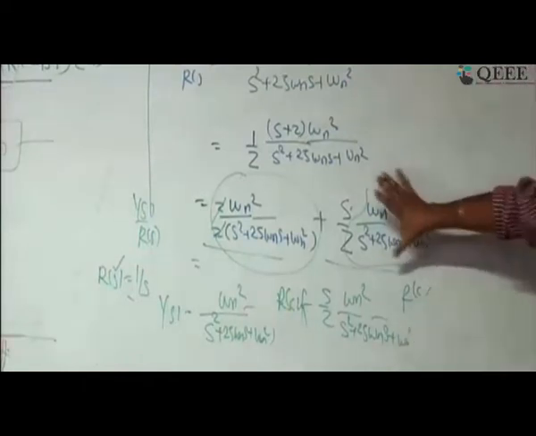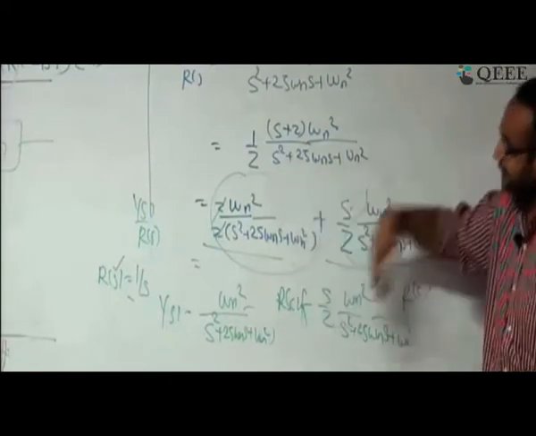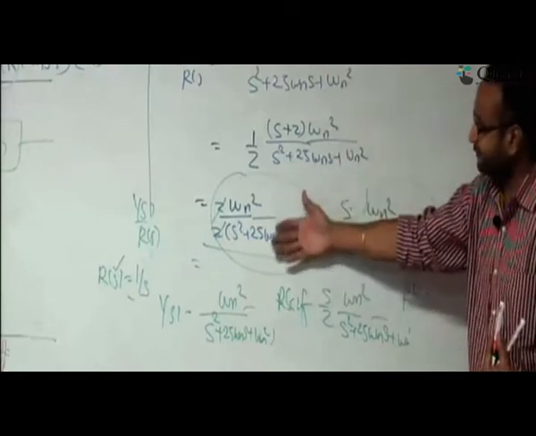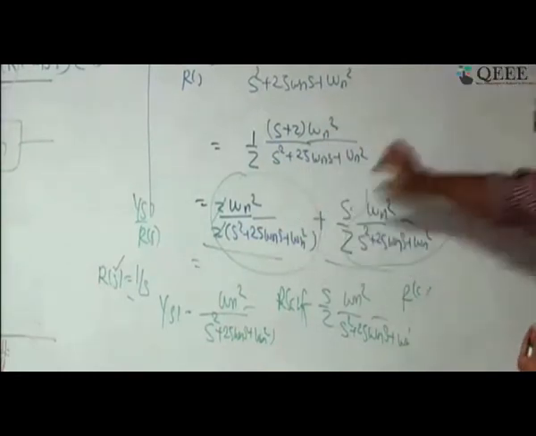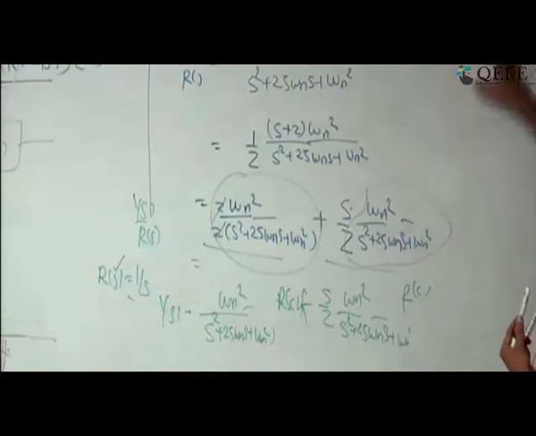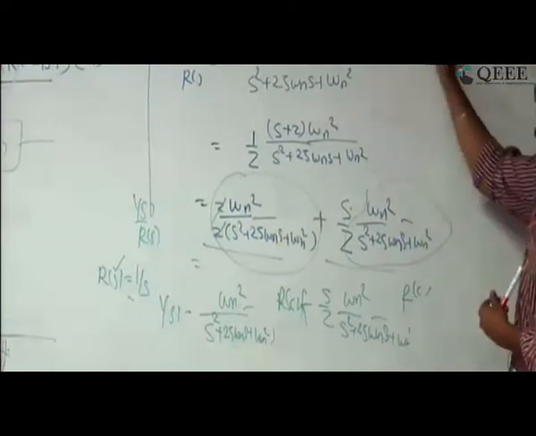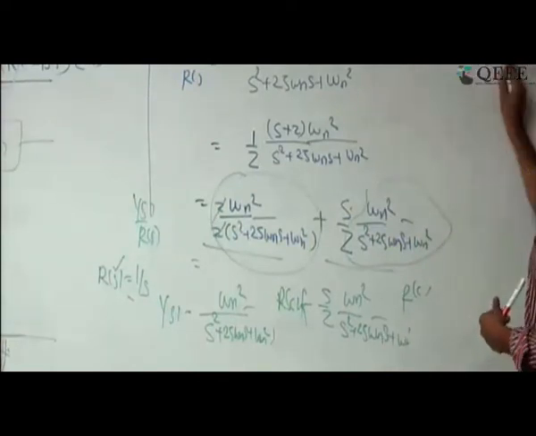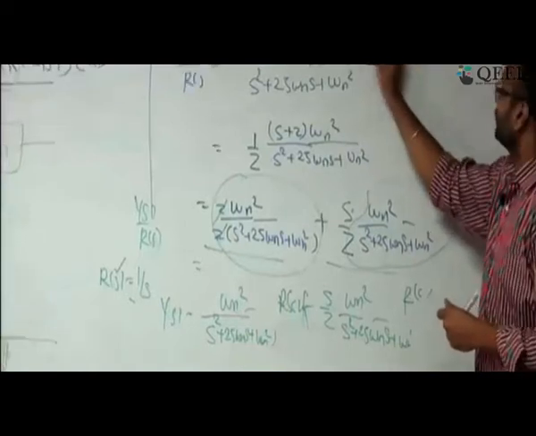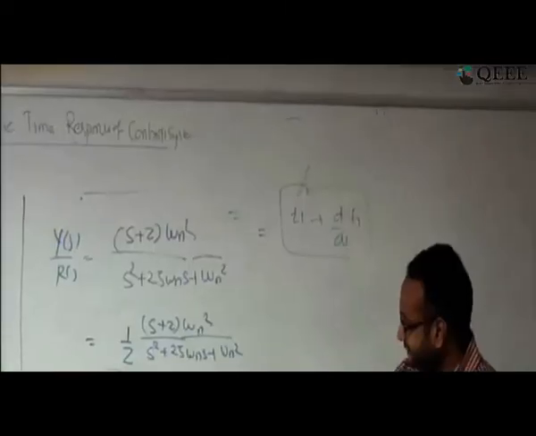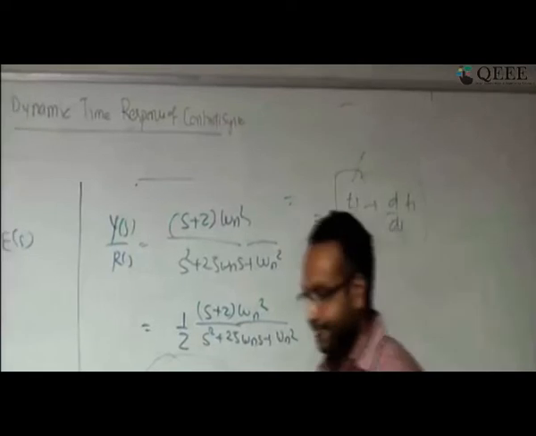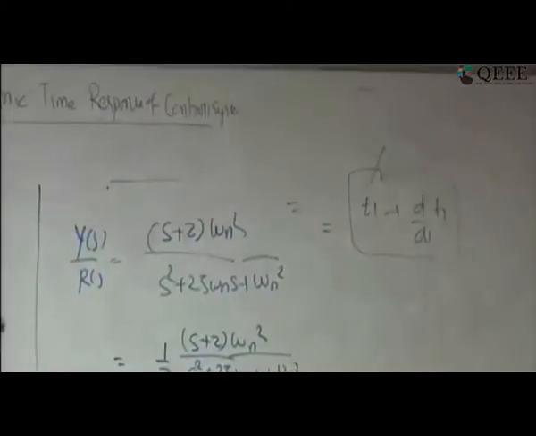This part is clear. If I look at it in the time domain, whatever response comes will be some response plus, because of s, the derivative of term 1. This is the important part. I want you to emphasize it. The overall response is going to be term 1 plus derivative of term 1.